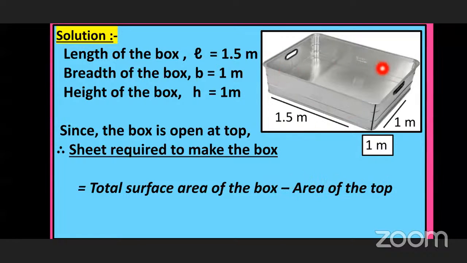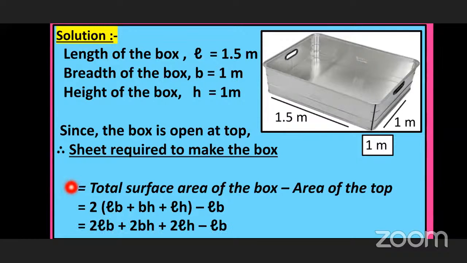As the top portion is open, the metal sheet will not be required to cover the upper portion. The formula for the total surface area of the box is 2 times (length times breadth plus breadth times height plus length times height), and we will subtract the area of the top. The area of the top is length times breadth.